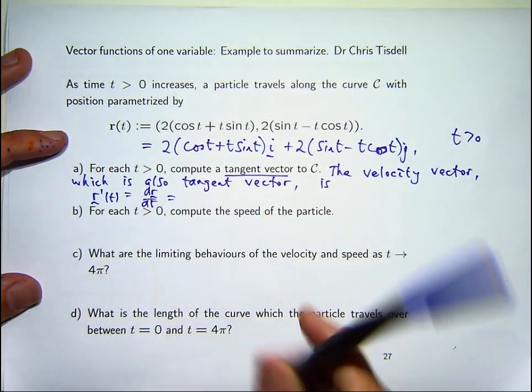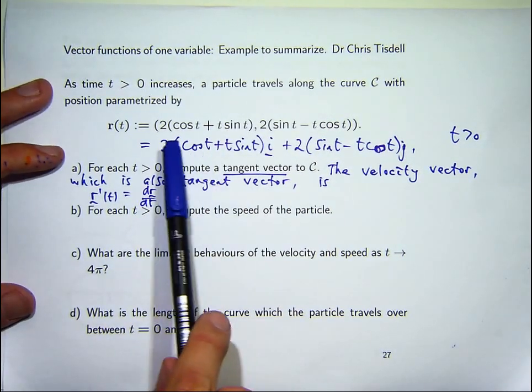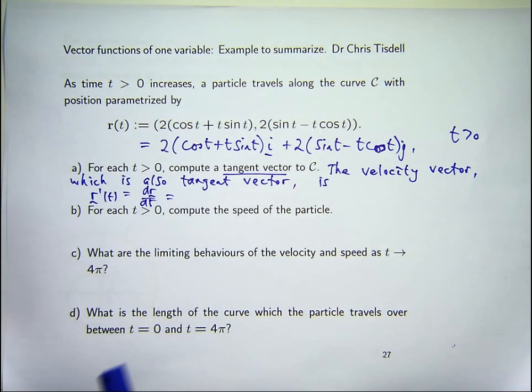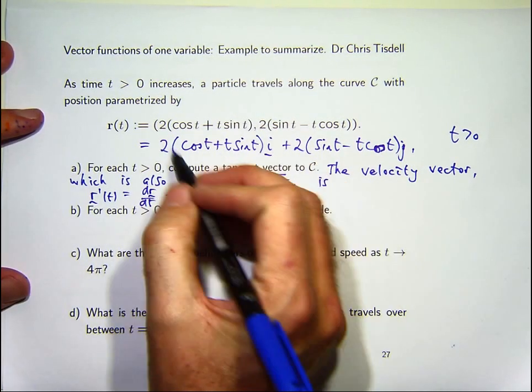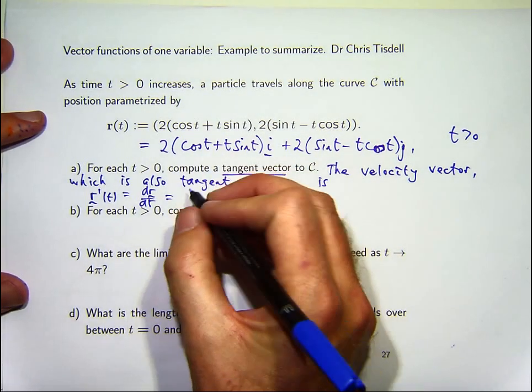Okay, so I want to differentiate 2 bracket cosine t plus t sine t. Well, I know cosine is going to go to negative sine. And if I differentiate t sine t, I can use the product rule. It's going to be something like sine t plus t cos t. So actually, for this part, you're going to get some cancellation, but I'll write it all down.